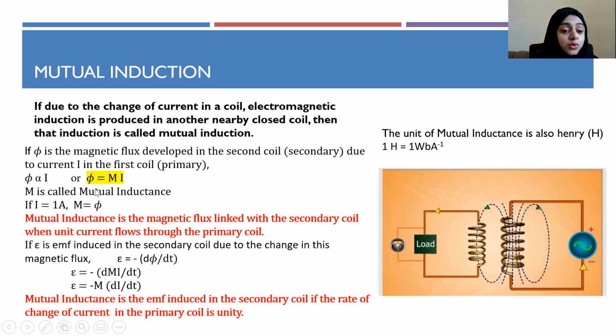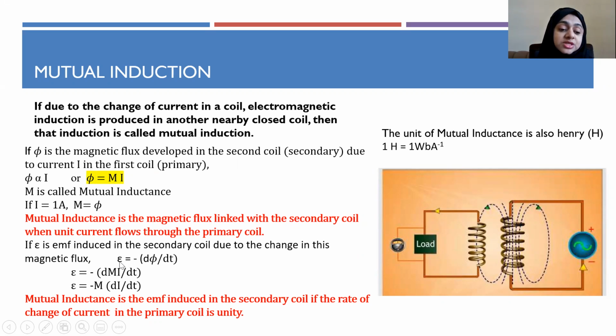Now, you know Michael Faraday's second law of electromagnetic induction, which says that the EMF developed is directly proportional to the rate of change of magnetic flux. So let us apply that in this case. So E or epsilon is the EMF induced in the secondary coil due to the change in this flux, magnetic flux phi.